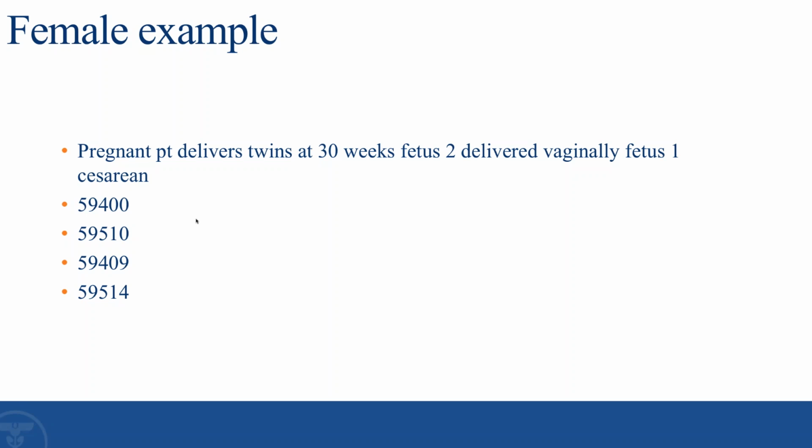But when it's twins, the CPT combination changes up a little bit depending on how they have been delivered. Just remember, if both of those babies came out cesarean, it would have only been 59510. But because one was cesarean and one was vaginal, for the vaginal one you can only bill delivery only. Okay. So I hope that makes sense.